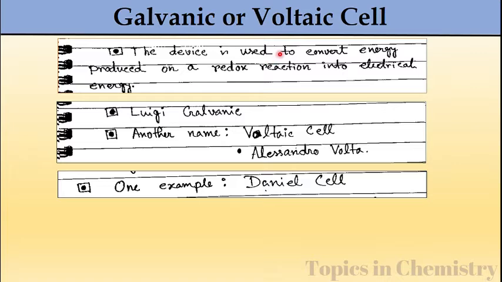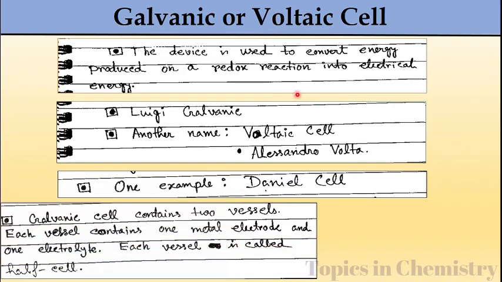One example of a galvanic or voltaic cell is the Daniell cell. Now you have to know the structure of the Daniell cell. First consider the structure of a galvanic or voltaic cell. Remember, a galvanic cell contains two vessels. Each vessel contains one metal electrode and one electrolyte.